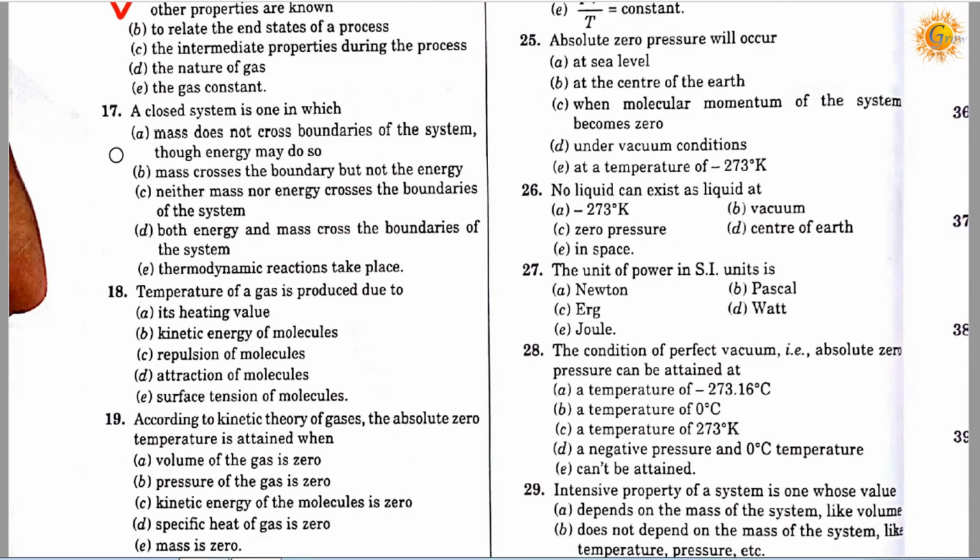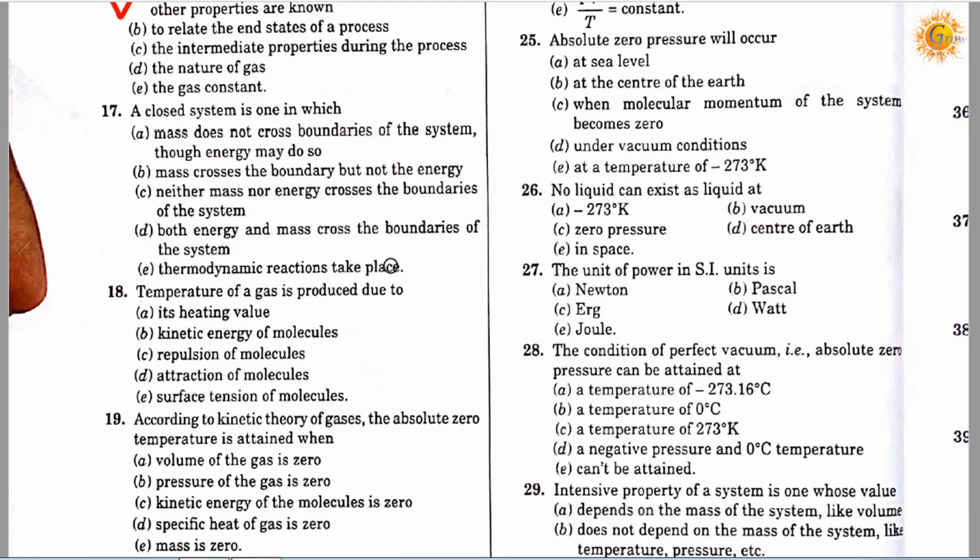Question number 17. A closed system is one in which: option A, mass does not cross boundaries of the system though energy may do so; option B, mass crosses the boundary but not the energy; option C, neither mass nor energy crosses the boundaries of the system; option D, both energy and mass cross the boundaries of the system; option E, thermodynamic reactions take place.